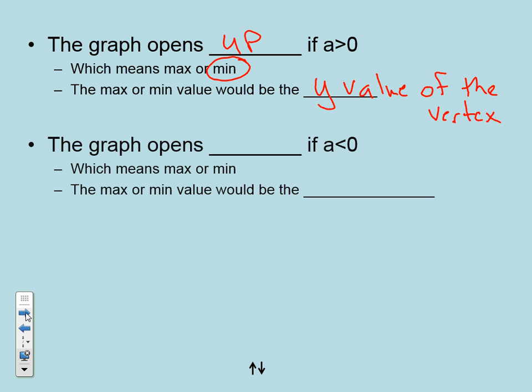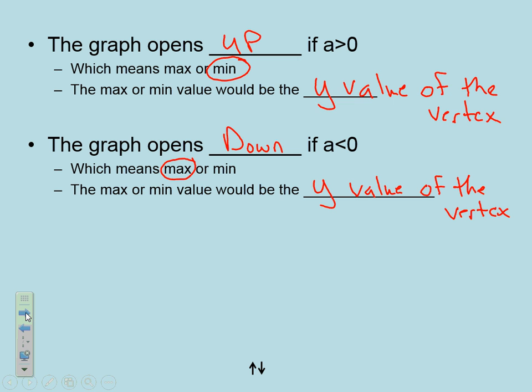Now, if the graph opens down, if a is less than 0, which means it's going to have a maximum point, we can determine what that maximum is because of the y value of the vertex again.